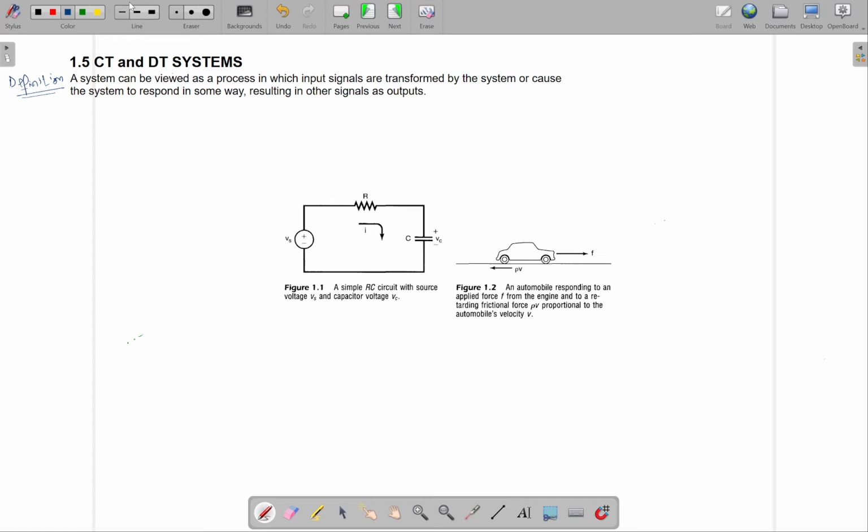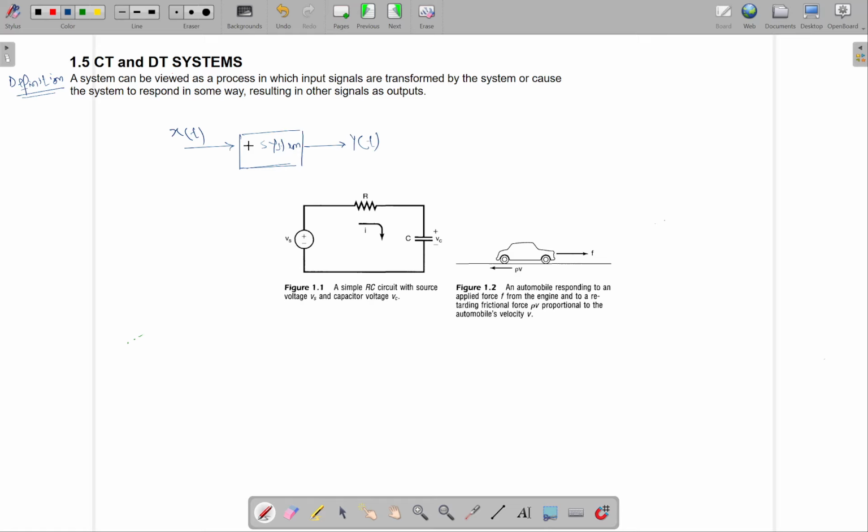When it comes to the types of systems, continuous time and discrete time systems, it's very simple. We are going to call a system a continuous time system if the input to the system is a continuous time signal, and the output of the system is also a continuous time signal.